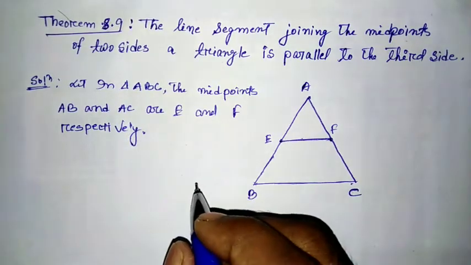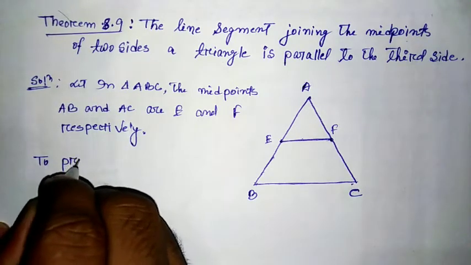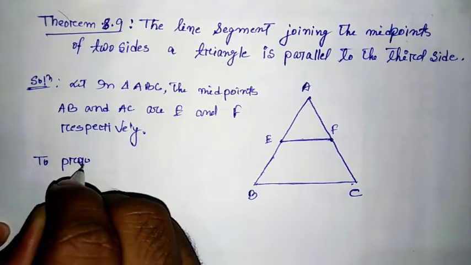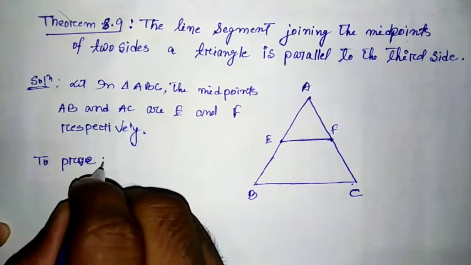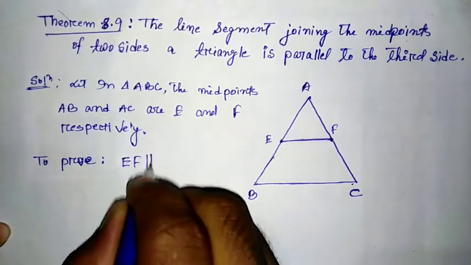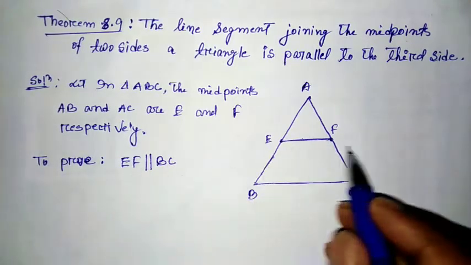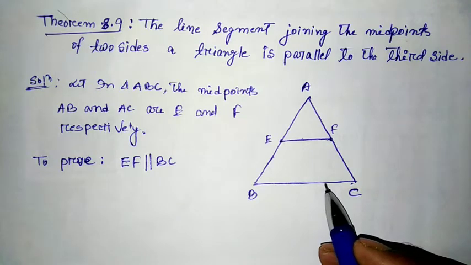So what we need to prove: EF is parallel to BC. This EF is parallel to BC. We need to prove it.